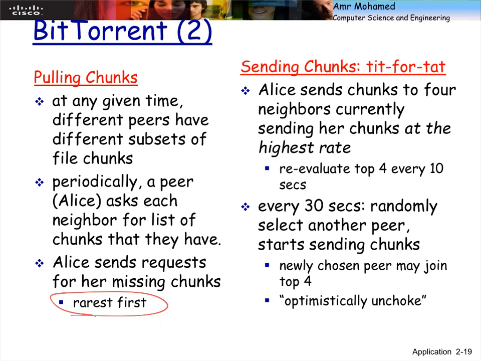Okay, why did they choose 4? Because each peer can send one chunk to another peer at one time. Right. One peer cannot send 4 chunks to 4 peers. They can. In fact, they can maintain more than 4 connections.